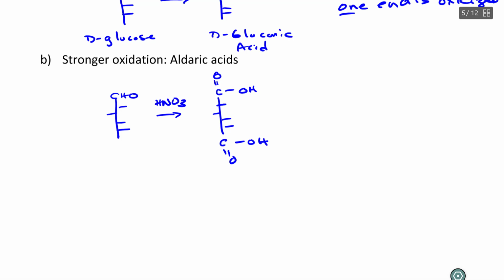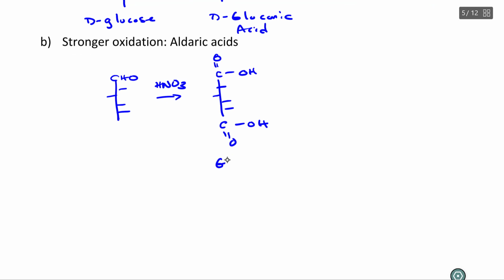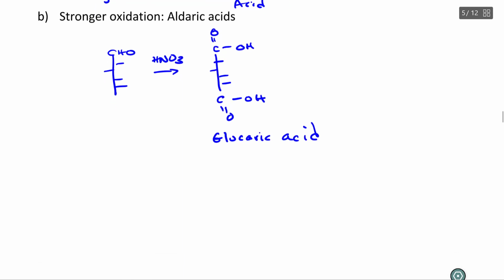So this is known as glucaric acid because it comes from glucose. And the way you can remember that is both ends are oxidized.